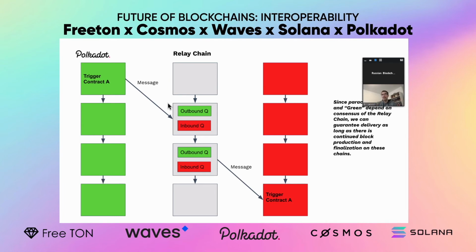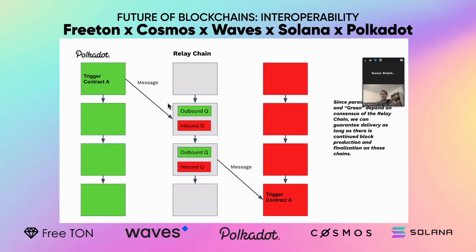Since you have access to the state transition functions of all of these parachains that you're sending to, you actually can verify that, oh, this sequence of bytes actually does mean this. This is the effect that it will have. So this is the basic version of XCMP.